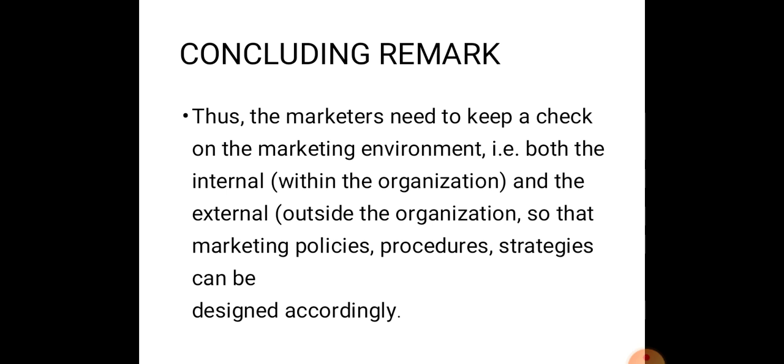Ultimately, in marketing information system, we have to analyze the marketing environment, the internal as well as external environment, so that we can take the right decisions, frame the right marketing policies, procedures and strategies, so that ultimately the right type of decision making is done by the marketing managers.